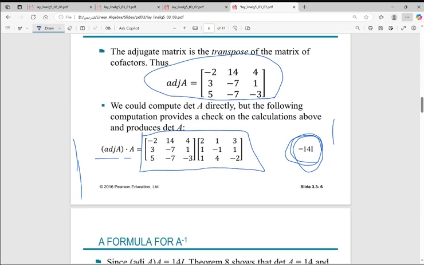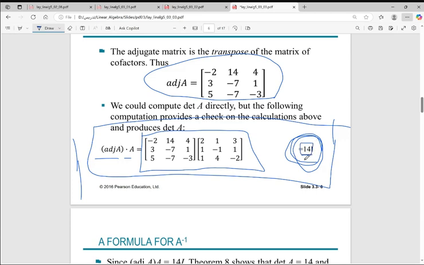So what is determinant of A? From this, you tell me, what is determinant of A? Diagonal matrix with the 14. 14, yes. Determinant is a number, right? Determinant is not a matrix. It is a number. So determinant is 14, right?